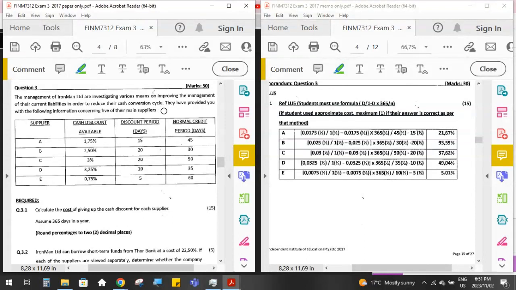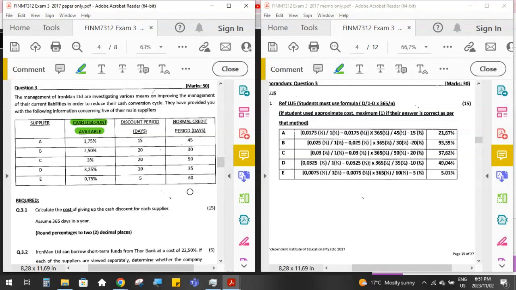But we do have to take into account that if our suppliers offer us a cash discount, a settlement discount for paying early, we've got to weigh up whether it would be beneficial for us to take the discount and pay the account early, or not take the discount and pay the account late in order to minimize our cash conversion cycle.